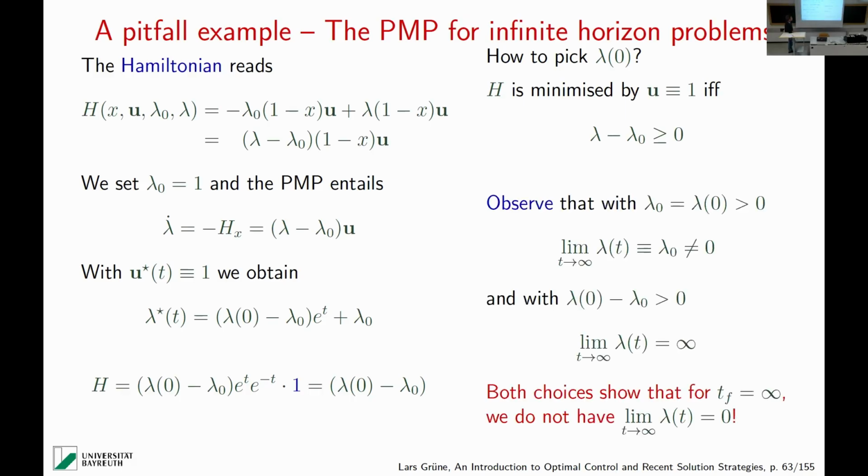Okay, let me see how this moves on. This is probably wrong, but it doesn't really matter, because no matter how we choose, if we choose them equal and if we choose them non-equal, we always end up with a terminal condition which is not 0. So that's the important thing.